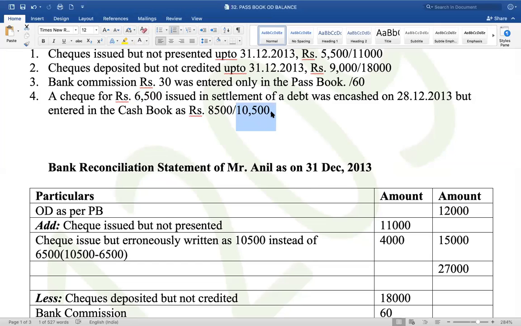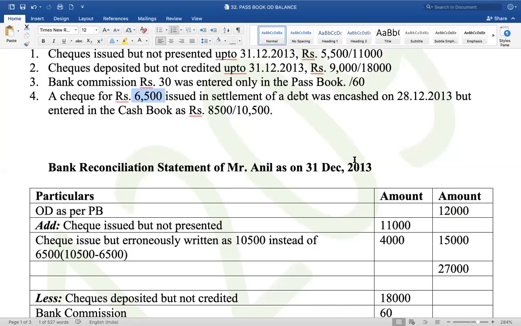Okay, as per cash book, the overdraft is, let us understand like this, 12,000 already there. One more check is issued, 10,500. So 22,500 is the overdraft balance as per cashier, cash book, bank column. Whereas passbook shows less than that: 12,000 plus 6,500, 18,500 only, because the banker recorded it correctly.